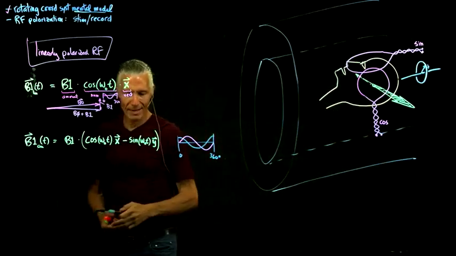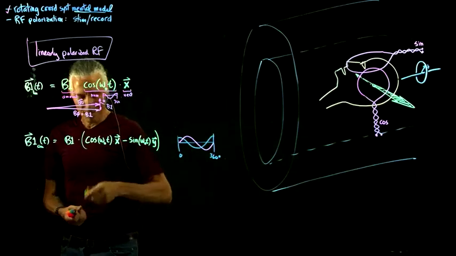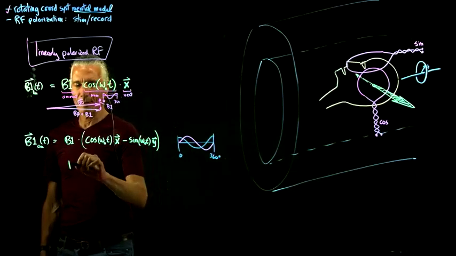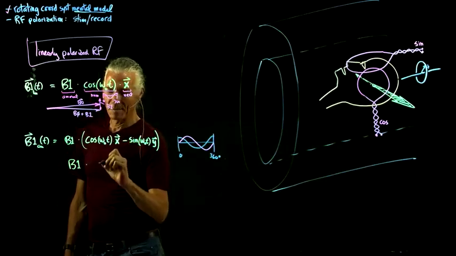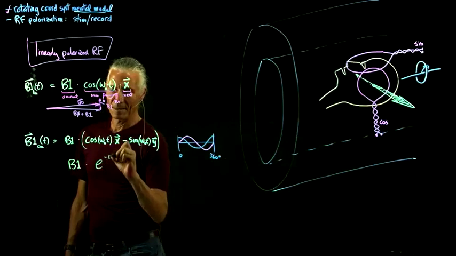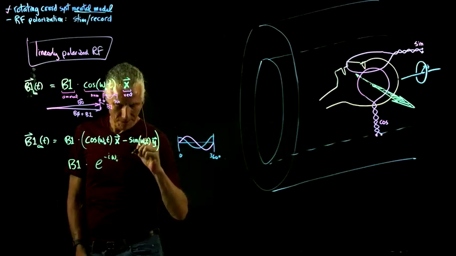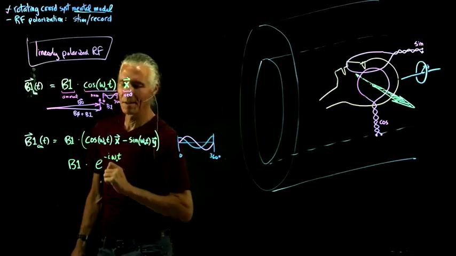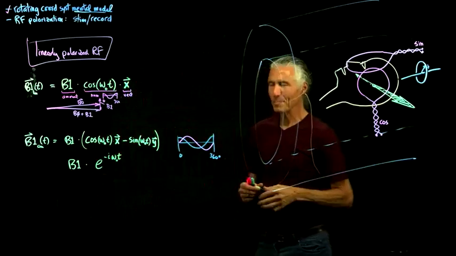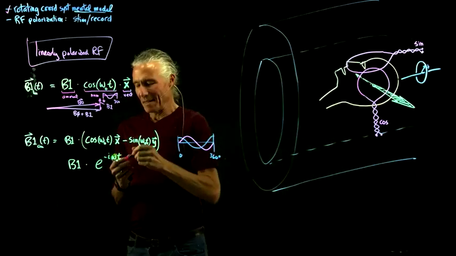And so how do we write that out? We typically write that out as a complex number. So you write that out as B1 times e to the minus i omega 0 t. So it's that complex business again. And so how do we think about this?